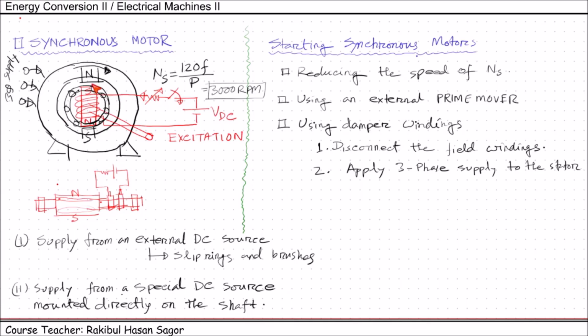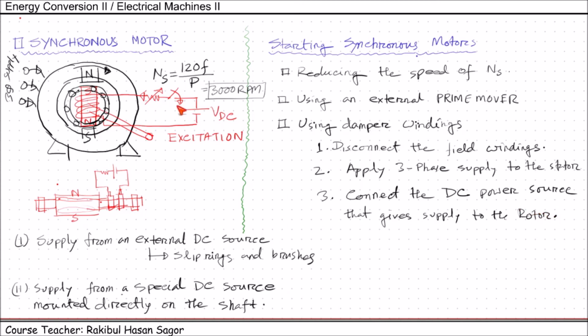Once it gains that speed, then the third procedure is connect the DC power source that gives supply to the rotor.